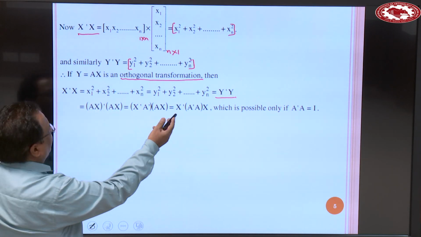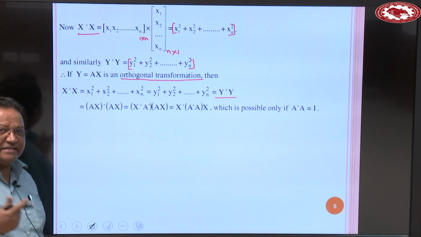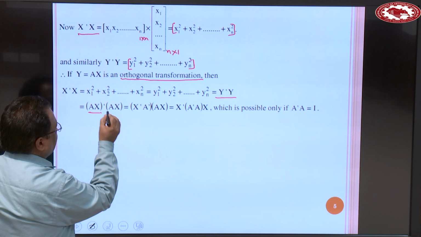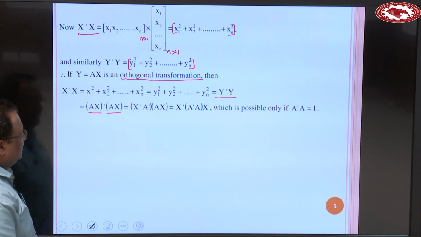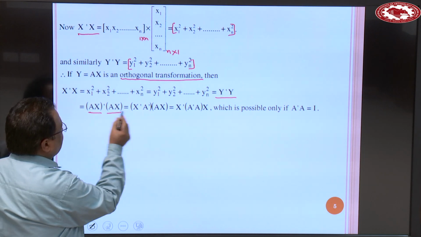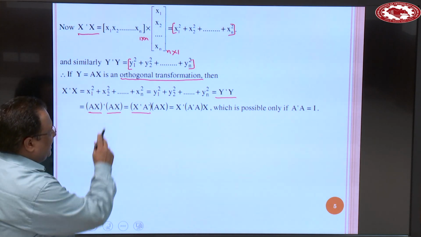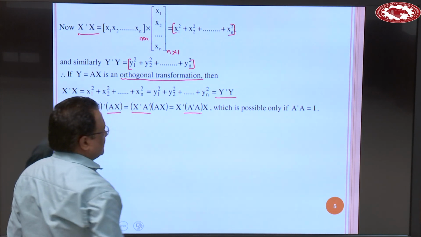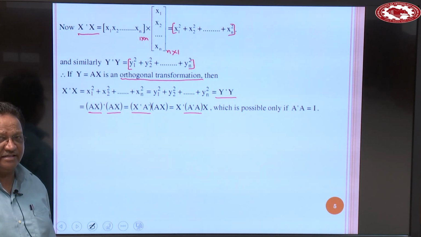So, what is y? Y is Ax. So y dash y is Ax dash Ax, and Ax dash means x dash A dash, and Ax as it is. Clear? Now this can be written like this, x dash A dash A x.